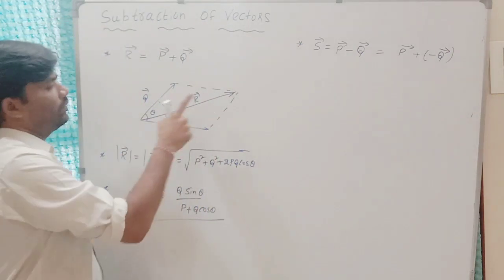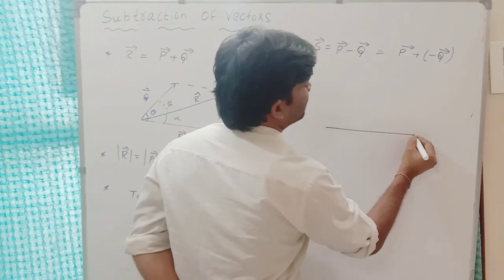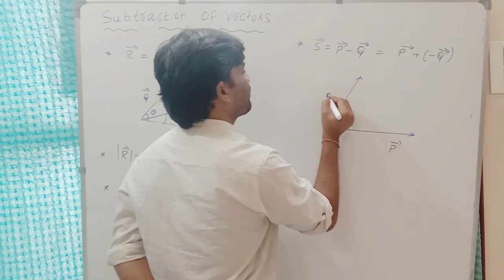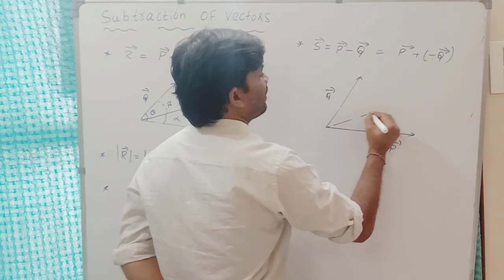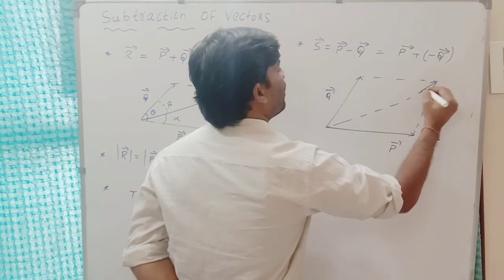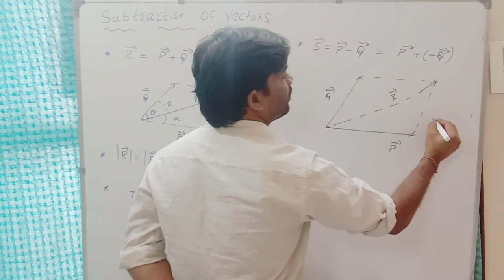If these are two vectors, this is P, this is Q. This diagonal of the parallelogram gives P plus Q, or the R vector. This is R. What is R?